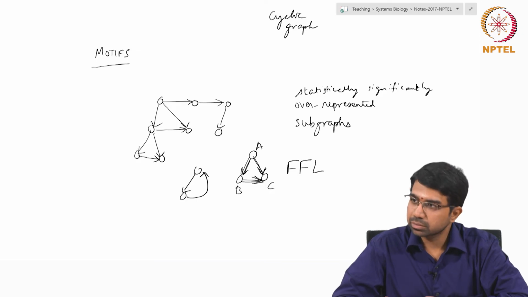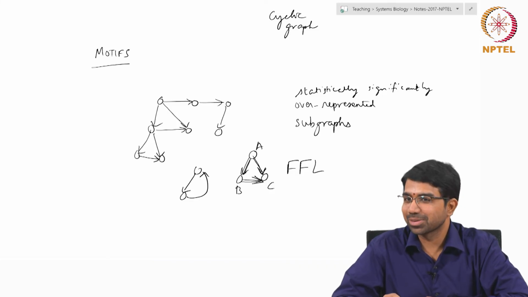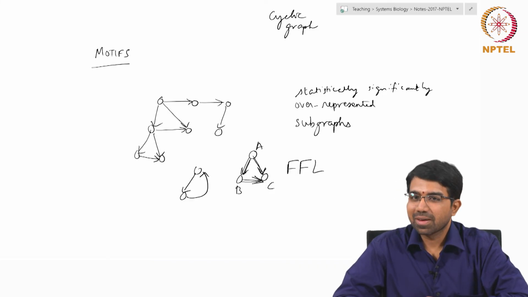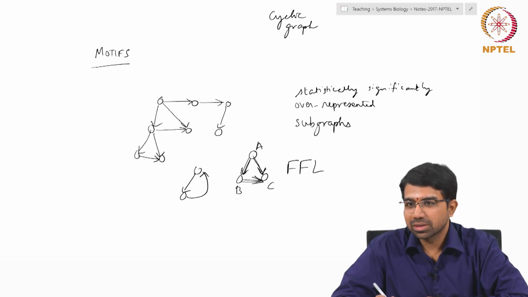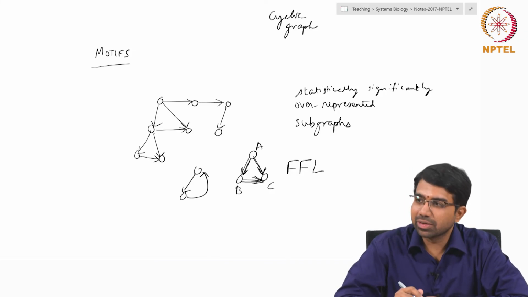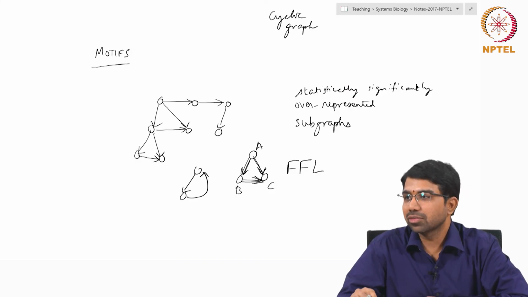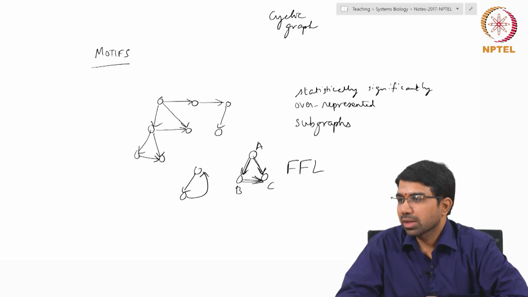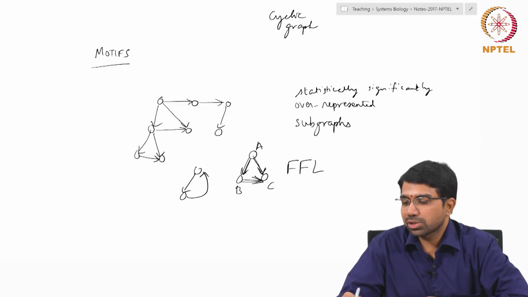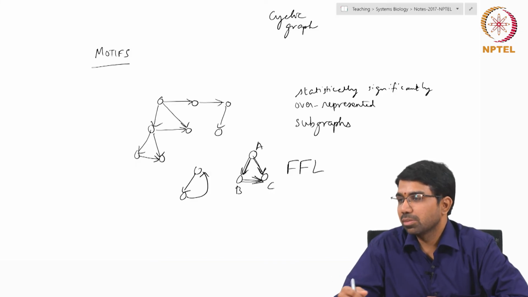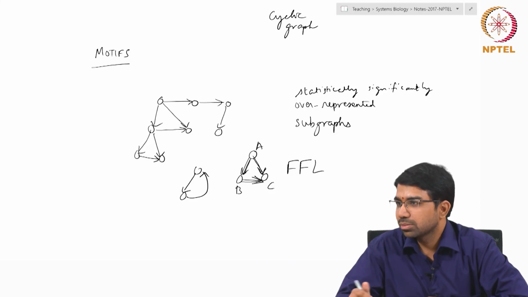What is meant by statistically significant? That is quite interesting. Anytime you use the word statistically significant, it means that you need to have a null model in the first place. You need to expect something. To quickly answer your question, if you take a dice and throw it 10 times and you find 6 eight times, then 6 is statistically over represented there, because you expect 6 about once or twice.